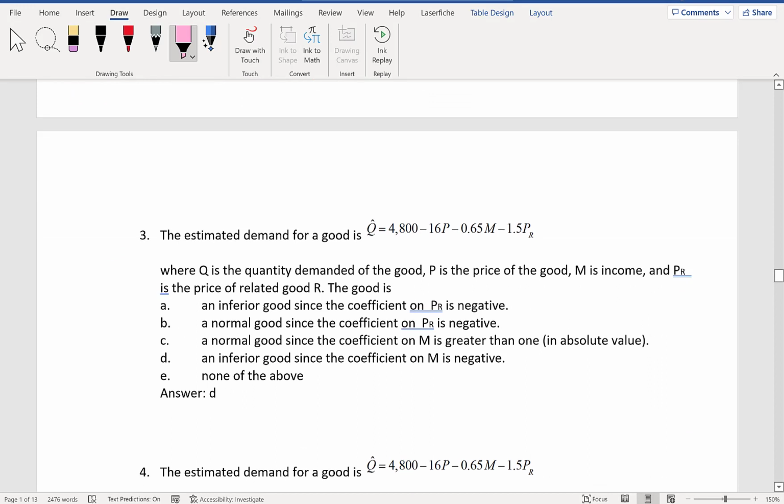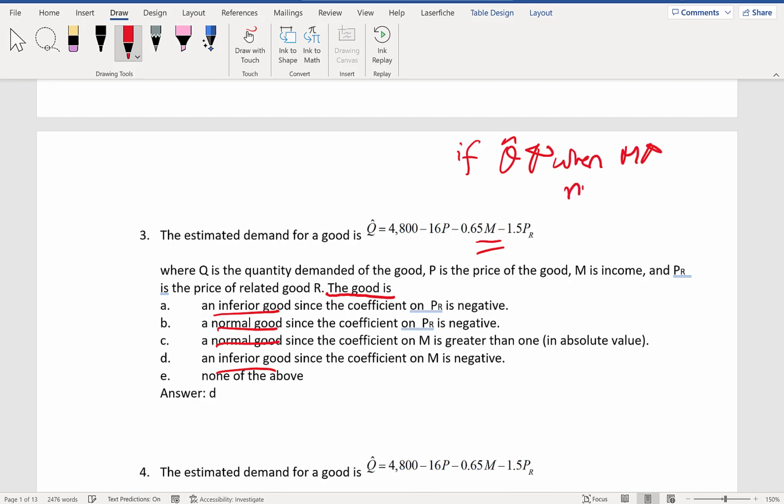Question number 3, same question setup. It's asking us whether the good is inferior or normal. This information comes from the impact of income on quantity demanded. If quantity demanded goes up when income goes up, this is a normal good.